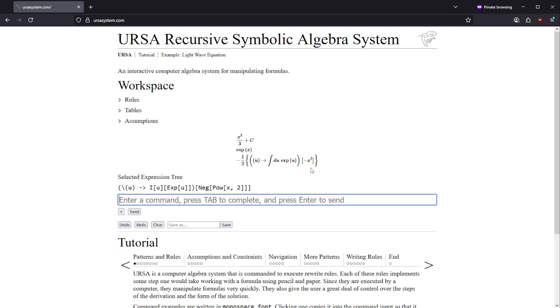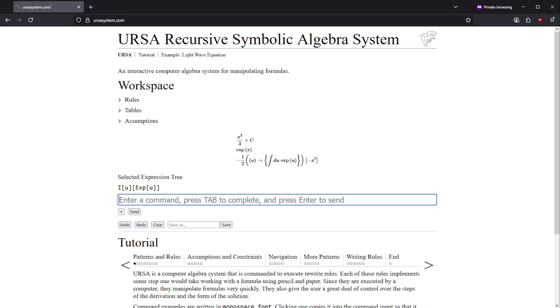So here we substituted with u equals minus x squared, and what it gave us is this lambda expression applied to minus x squared. And the lambda expression is u goes to integral du of e to the u. So all we need to do is solve this integral and then plug in minus x squared back for u.